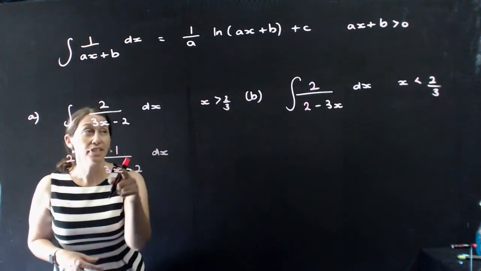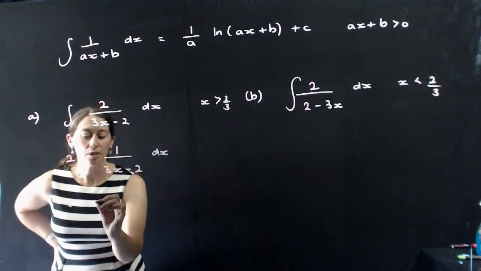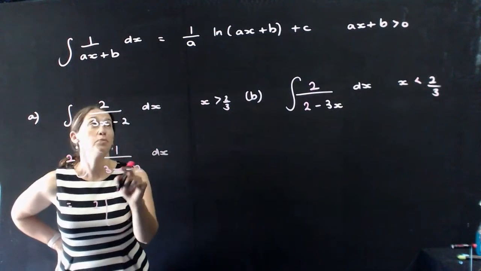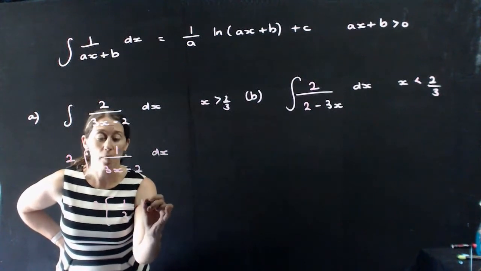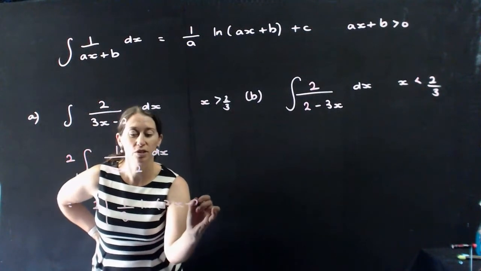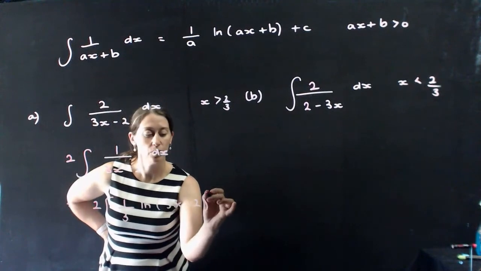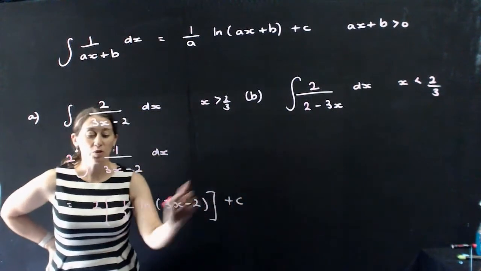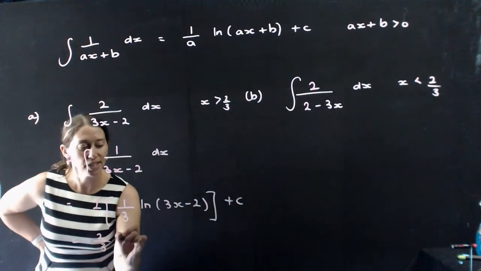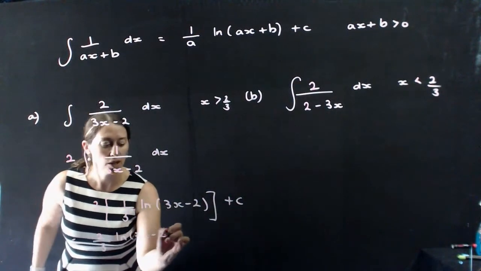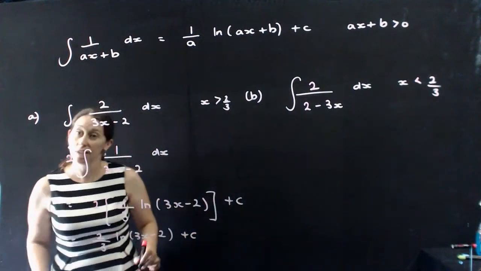So the integral of this, if we follow this rule up here, becomes, let's put that 2 out the front, integral of this becomes 1 over 3, because that's our value of a, multiplied by the natural log of 3x minus 2, and then we add the c. So if we multiply all that by 2, we end up getting 2/3 multiplied by the natural log of 3x minus 2, and then don't forget plus that constant c.